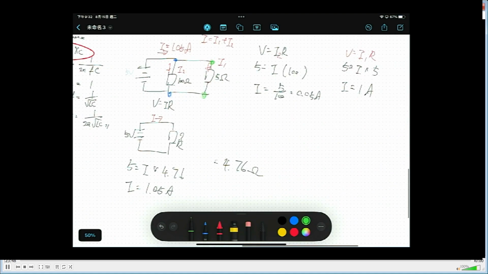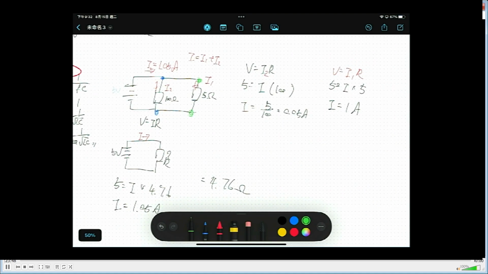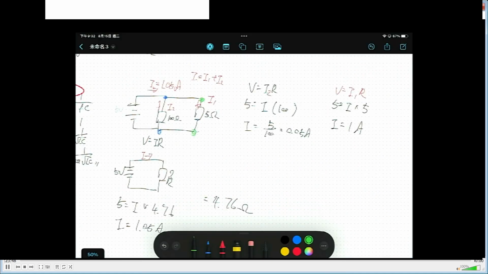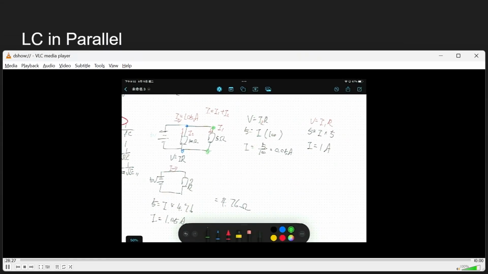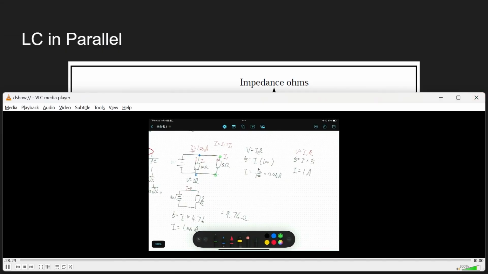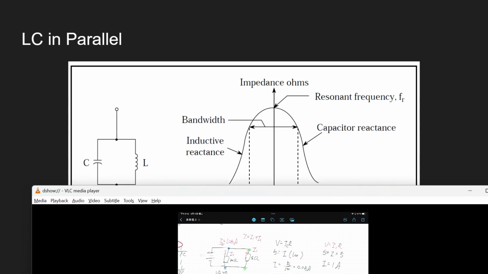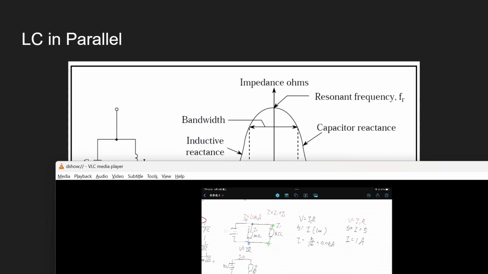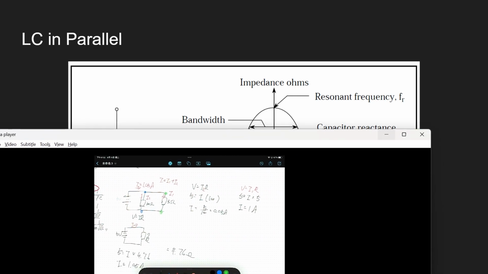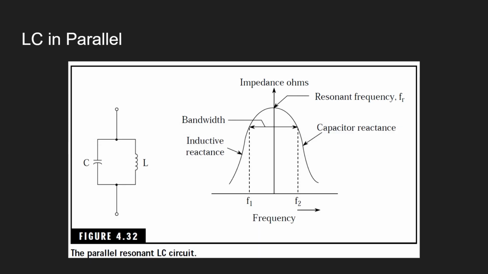At the same time, just think of it this way. If I have a very large impedance, and I connect it in a parallel circuit like this, with very high impedance, less current will flow through it. More current will flow through to the remaining parts of your circuit. That's why it can also be chosen to help tune your frequency.